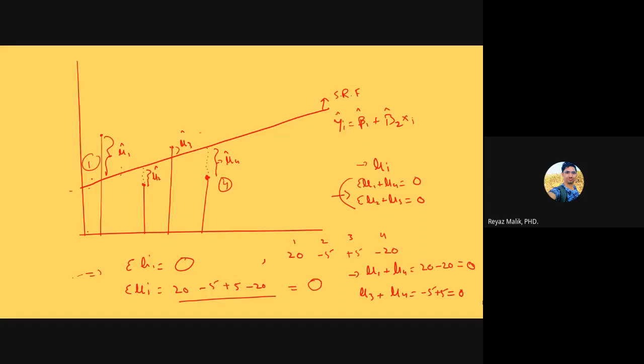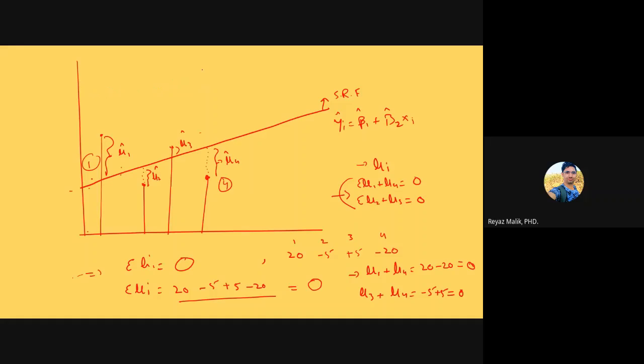So how to deal with it? Because we have seen U1 equal to 20, U2 equal to minus 5, U3 equal to plus 5, U4 equal to 20.